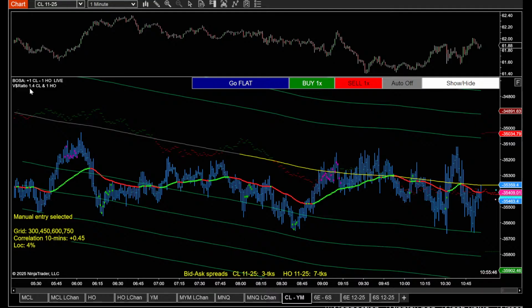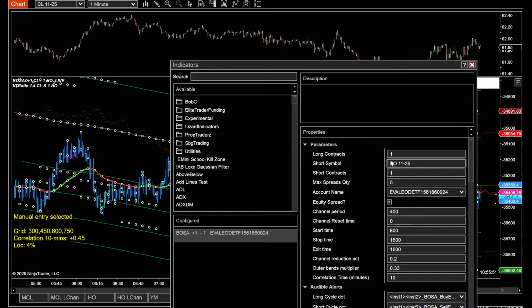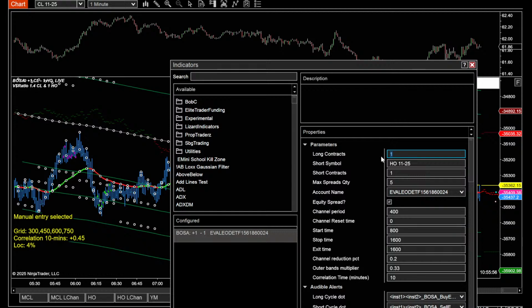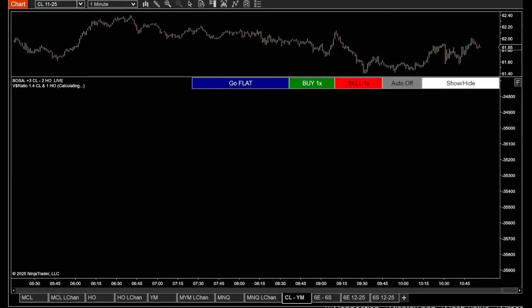So if you doubled the crude contracts, you've got almost 3 contracts against 2. Let's do that. Let's do 3 of crude and then 2 of heating oil, and let's see how that equity plays out here.